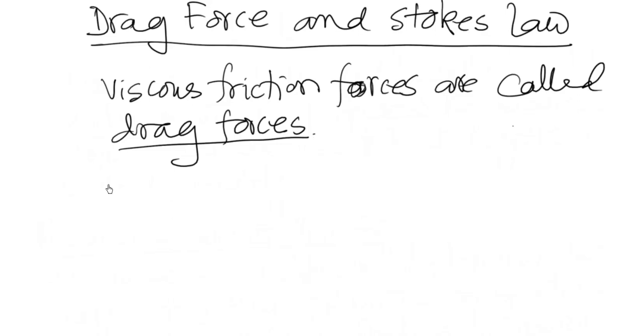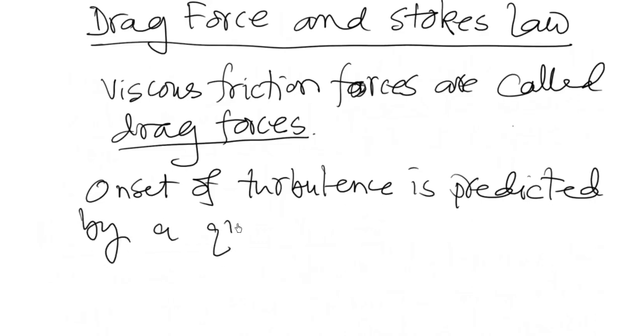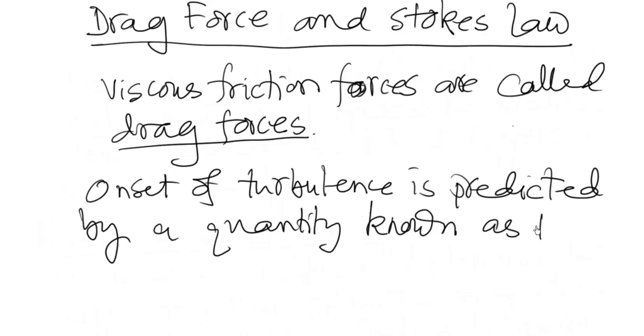So the onset of turbulence is predicted by a quantity known as Reynolds number.